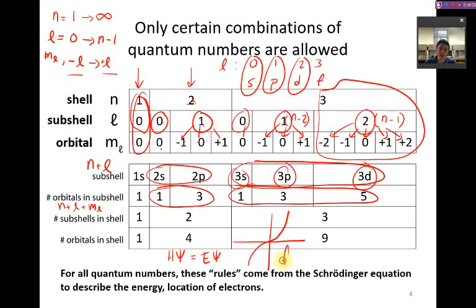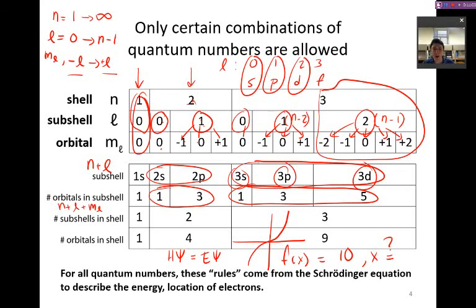If we want the function to be equal to 10, there are certain x values that make that possible. Similarly, there are certain quantum numbers that are possible that describe the energy of the electron. And so that's what these quantum numbers are telling us. They come from the solutions to the Schrodinger equation that tell us the energy of the electrons.